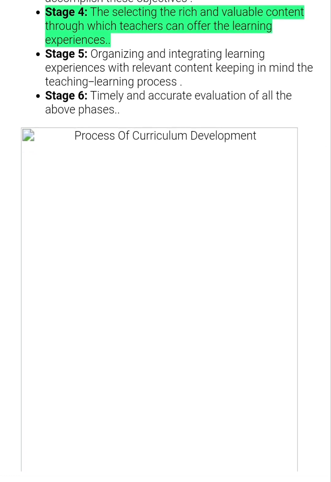Stage 4: Selecting the rich and valuable content through which teachers can offer the learning experiences. Stage 5: Organizing and integrating learning experiences with relevant content, keeping in mind the teaching-learning process. Stage 6: Timely and accurate evaluation of all the above phases.